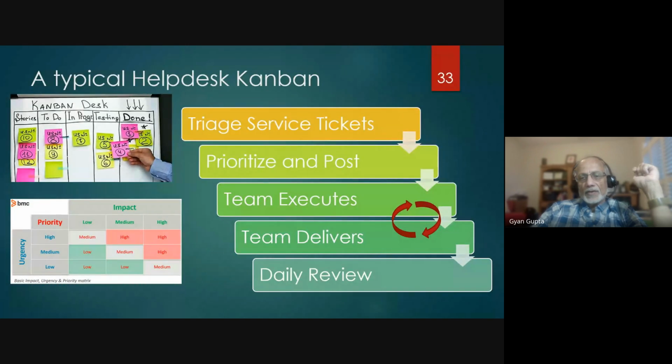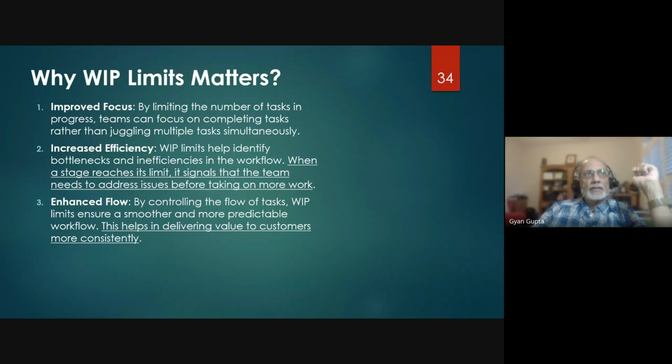All right. Moving along. WIP limits, we're talking about that, right? So it improves the focus. We know how many things we can work on. We'll stay focused on that. Then increase efficiency. It helps to identify the bottleneck. If you get too many cards accumulated in one column, that is a bottleneck, right?